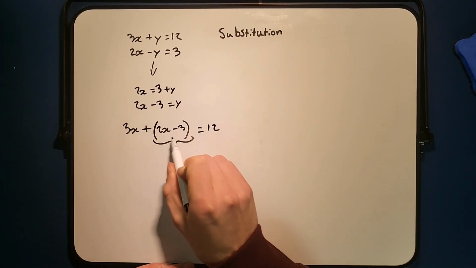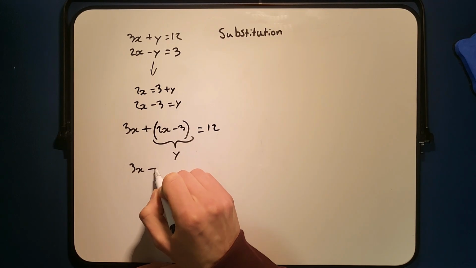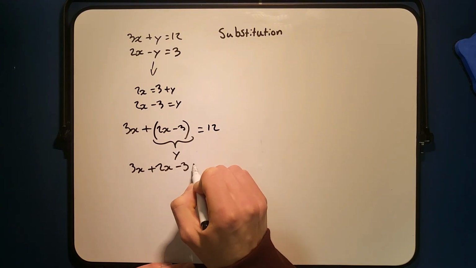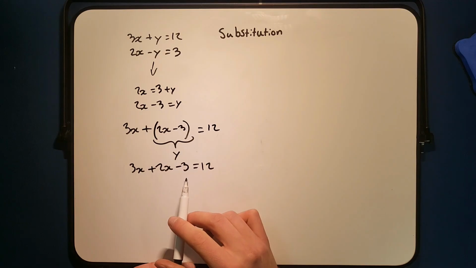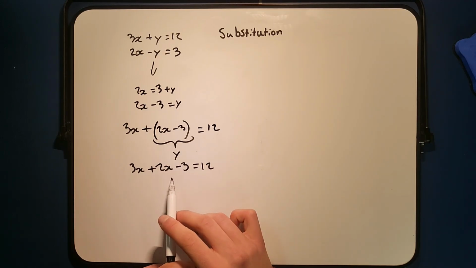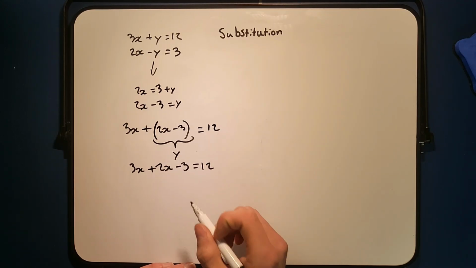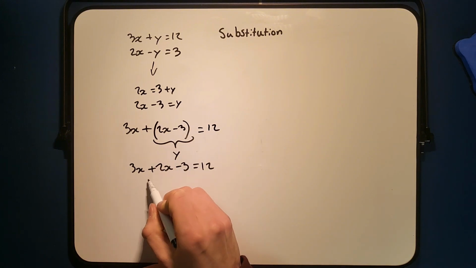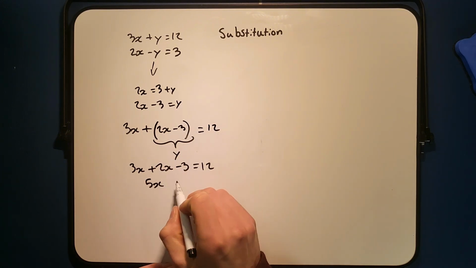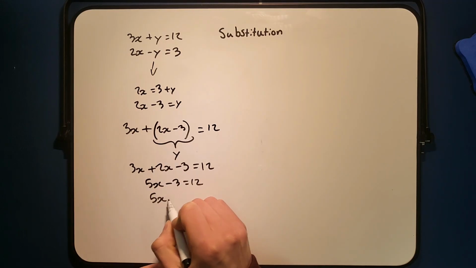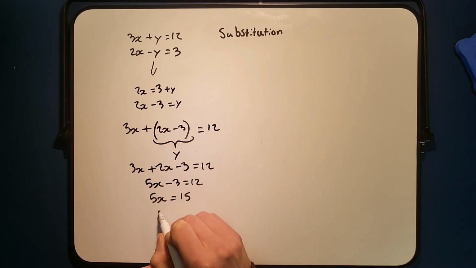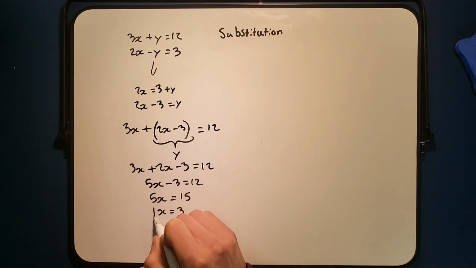We can now expand this bracket to get 3x plus 2x minus 3 is equal to 12. Now notice something. We have completely eliminated the y, and we are only left with x terms. So we can solve this just like a normal equation. So we get 5x minus 3 is equal to 12. 5x is equal to 15, and x is equal to 3.